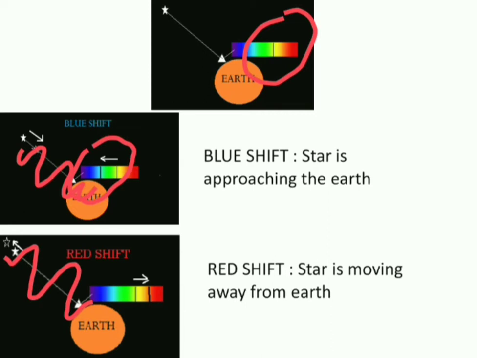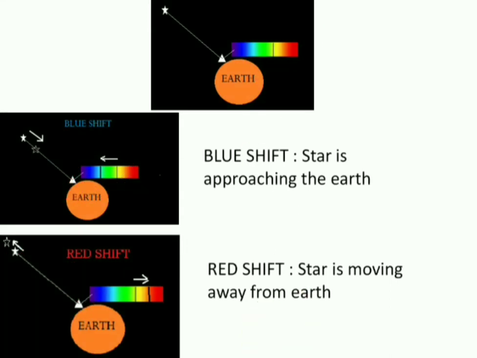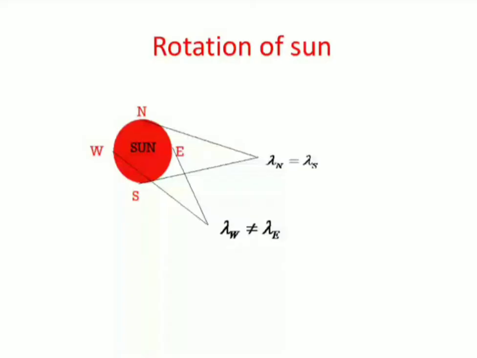If the wavelength of received light is increasing with time, it implies the star is moving away from the surface of Earth. So a red shift implies the star is moving away from Earth, and blue shift, the star is approaching the surface of Earth.